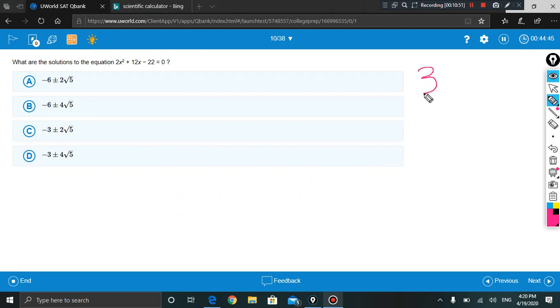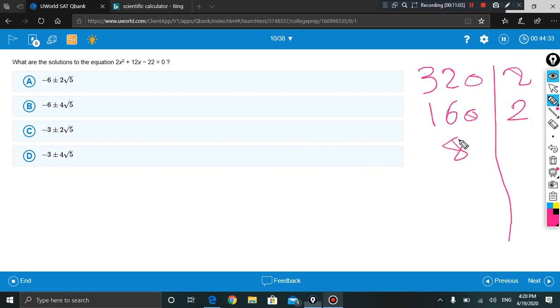Let's factor this one out. Divide by 2, you get 160. Divide by 2, you get 80. Divide by 2, 40. Divide by 2, you get 20.